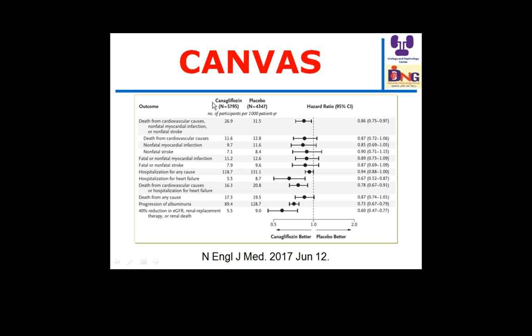Death from cardiovascular causes is significantly better with canagliflozin, and death from cardiovascular causes or hospitalization for heart failure is significantly reduced. Progression of albuminuria is significantly reduced. 40% reduction in estimated GFR or renal death, which means need for renal replacement therapy, is significantly reduced by the sodium glucose transporter 2 inhibitor canagliflozin.